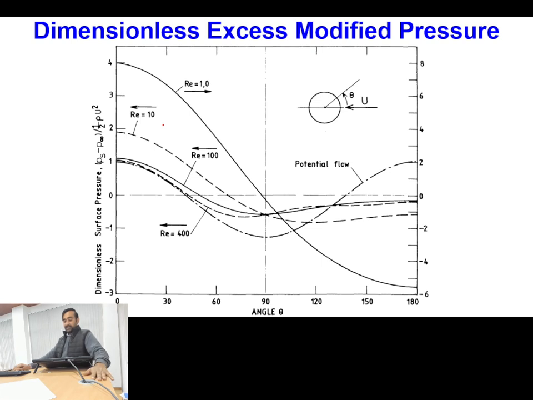And then you can see the pressure field. In terms of the pressure field, this particular line corresponds to potential flow theory. As per potential flow theory, we have an inviscid situation. So in case of an inviscid situation, if you start with some value of pressure at theta equal to 0, you will be able to reach the same value of pressure at theta equal to 180.